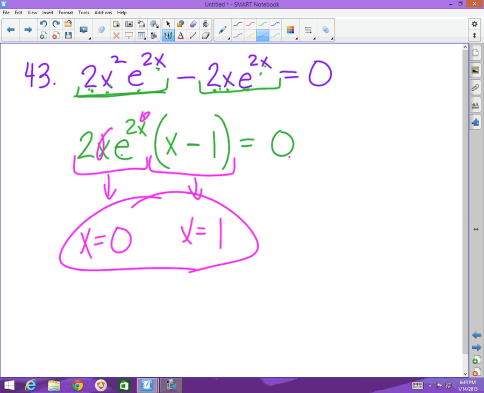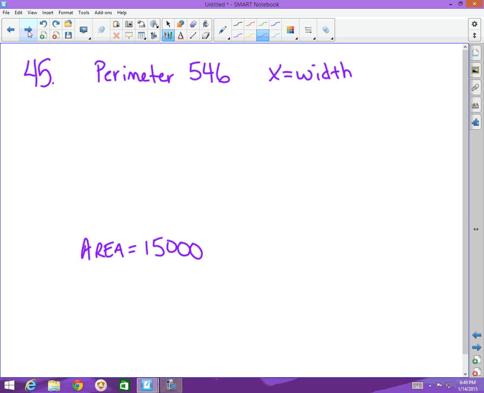All right, then page number 45 says you have a perimeter of some rectangular piece of land. And the perimeter is 546. So we have a rectangle. Best thing to do is draw yourself a picture first.